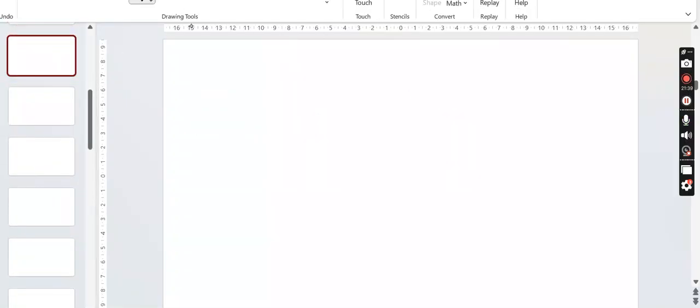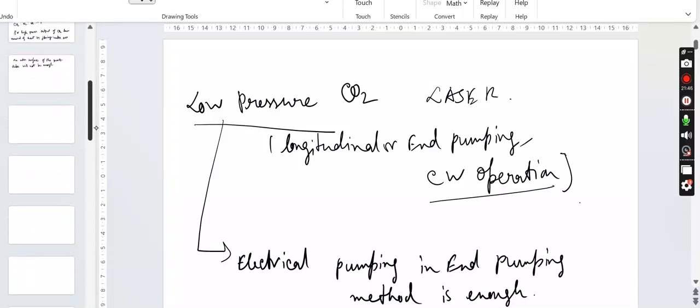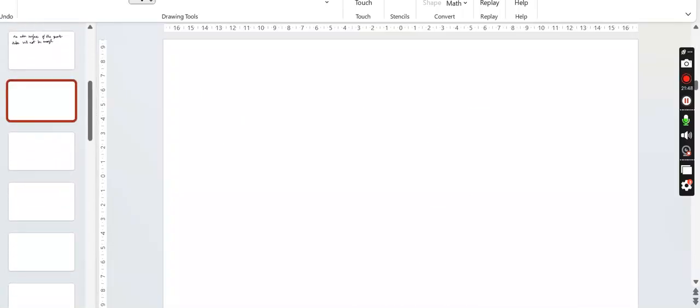Now we go to a discussion where we want to scale up the carbon dioxide laser with longitudinal gas flow.